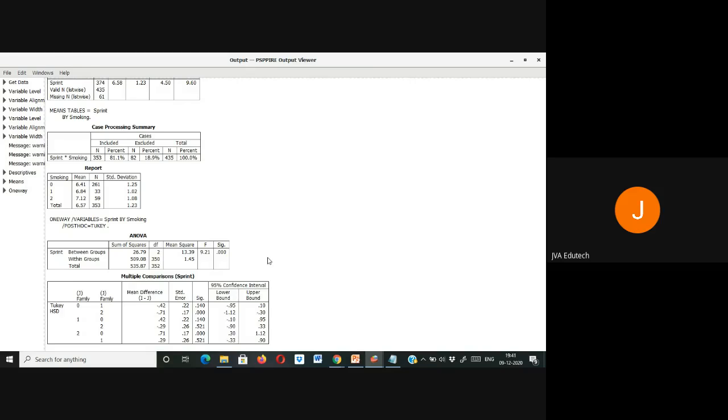See, actually, when you do ANOVA, so you have already 3 groups. So first it will compare the sprint time between the groups, means between group 0, 1 and 2, and calculate the sum of squares.